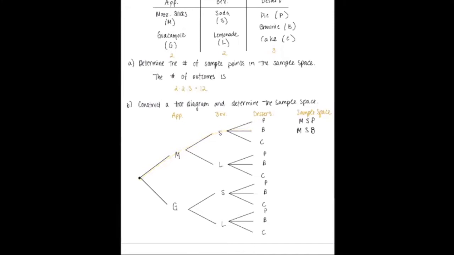And then my last combination with mozzarella and soda is cake. So mozzarella, soda, cake. Now I've run through all of those. We go to mozzarella, to lemonade, and then each of these 3 desserts. So basically the only thing that changes is the lemonade in the middle.